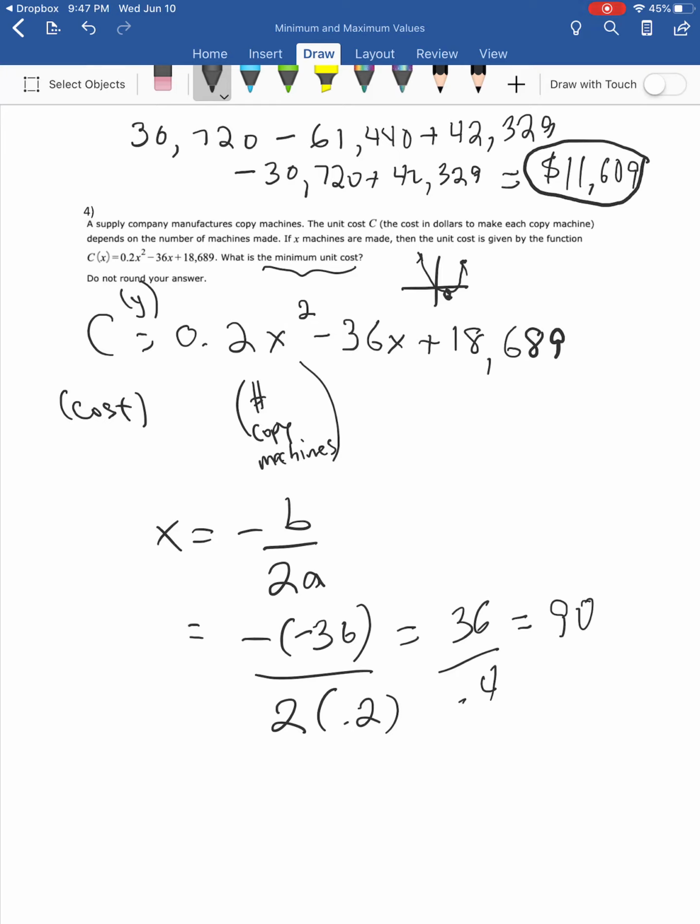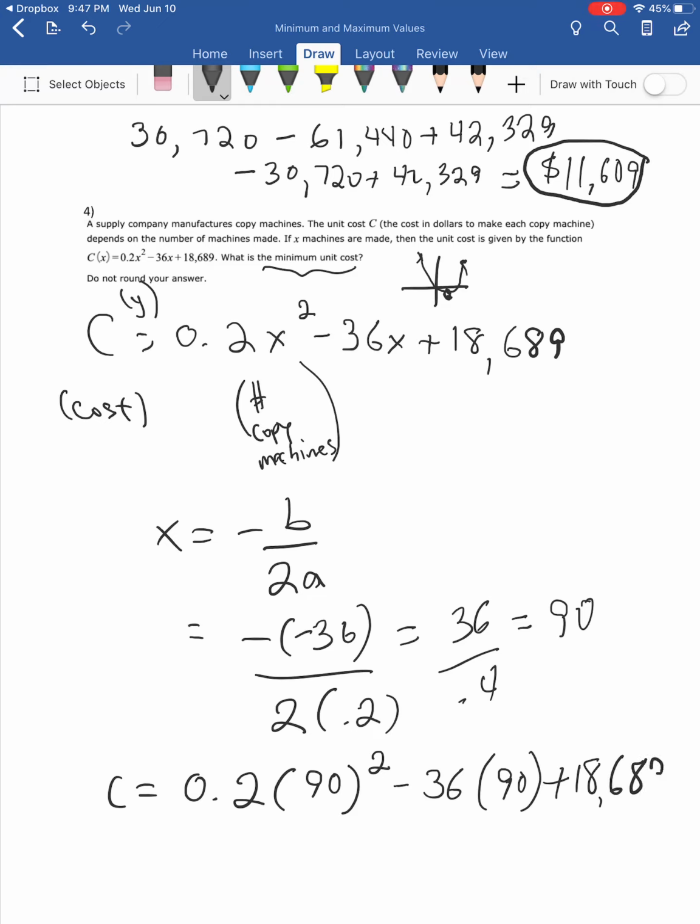But that's the value of copy machines. So cost is at its minimum when they produce 90 copy machines. Now we have to know what the cost of those 90 copy machines is. So we're going to substitute into the function. We're going to go 0.2 times 90 squared minus 36 times 90 plus 18,689.